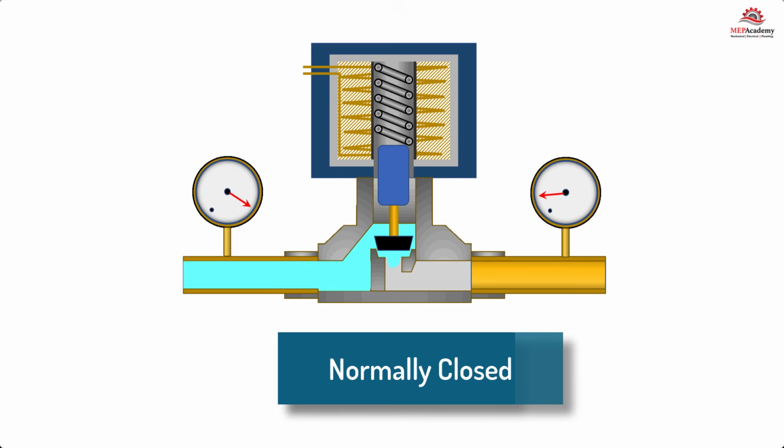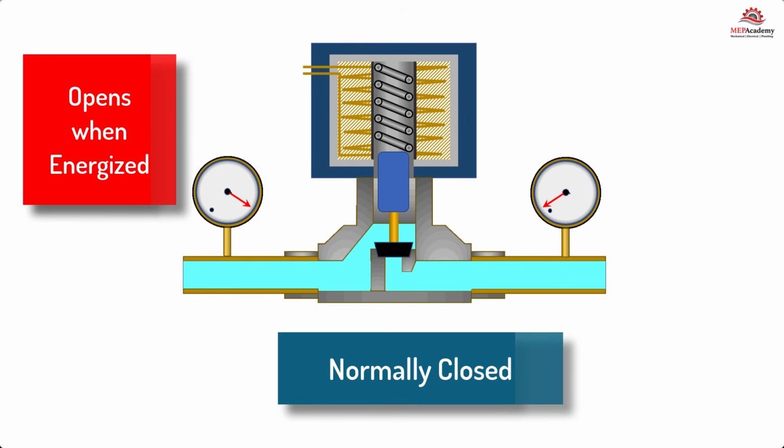The normally closed solenoid valve is the more commonly used form. The normally closed solenoid valve opens when power is applied to the solenoid's coil windings. When no electrical power is applied, the valve will remain closed. With a normally closed valve, the spring keeps the valve closed when no electricity is applied to the coil.